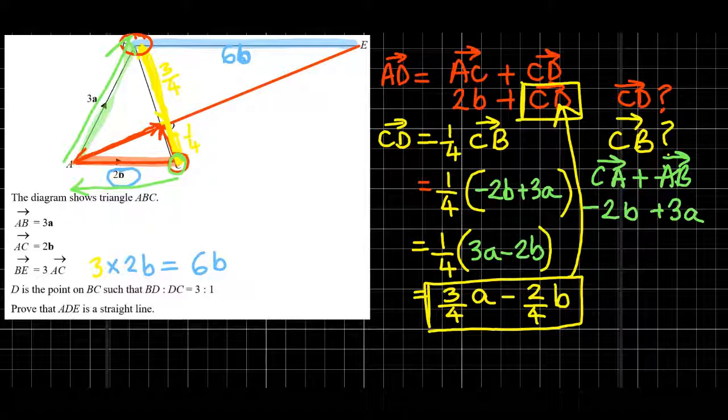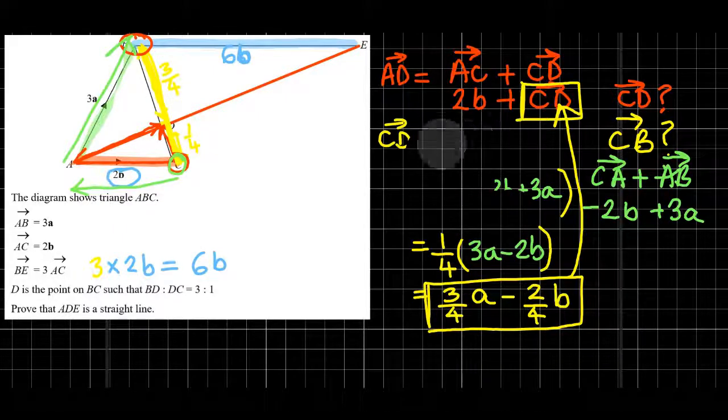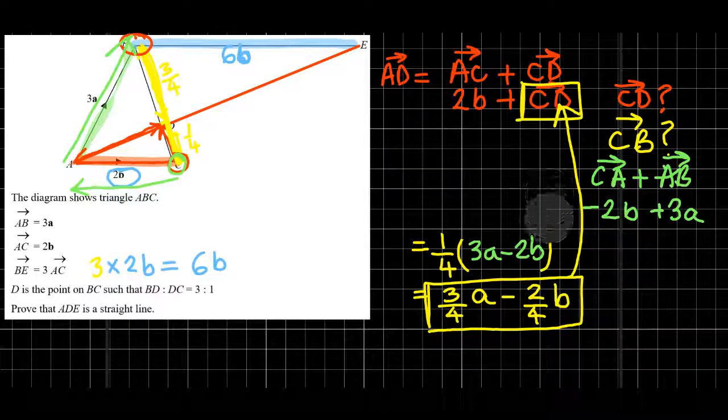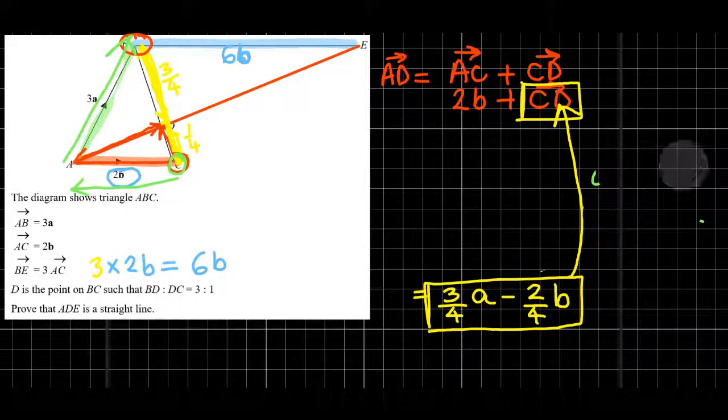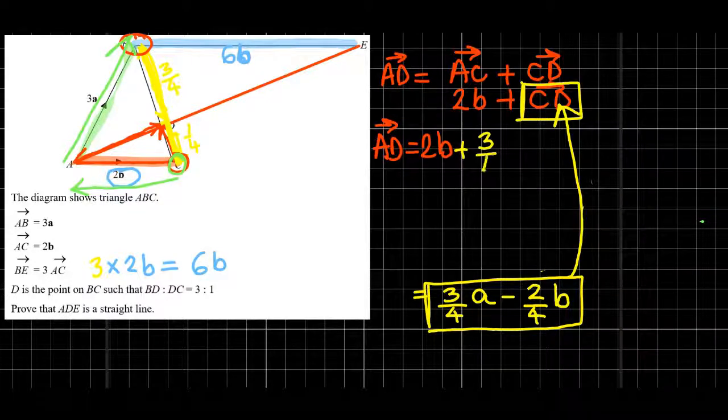So we have A to D is going to be 2b plus 3/4 a minus 2/4 b.